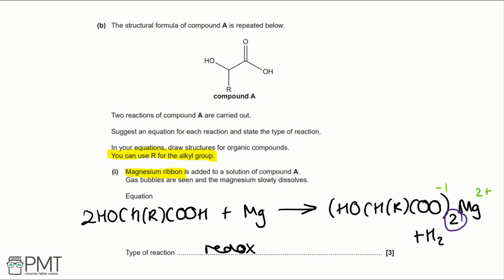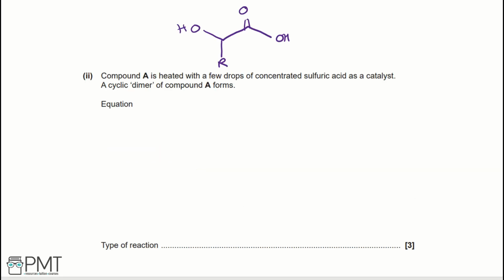To get the 3 marks for this question, you get 2 marks for the correct and balanced equation and 1 mark for stating redox. Part 2. Compound A is heated with a few drops of concentrated sulfuric acid as a catalyst. A cyclic dimer of compound A forms. The key words in this question are that we're forming a cyclic dimer.